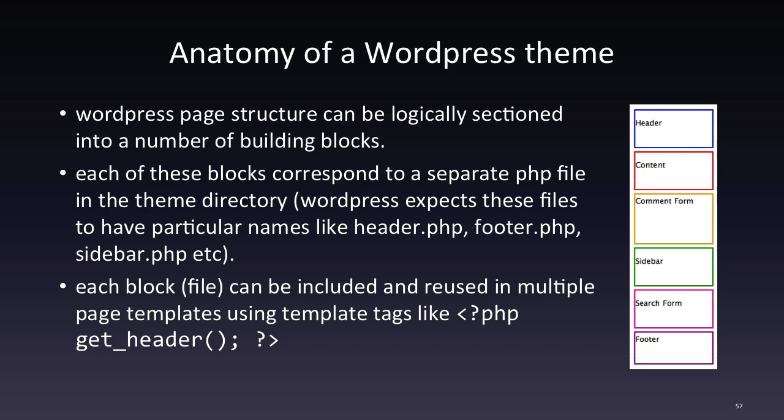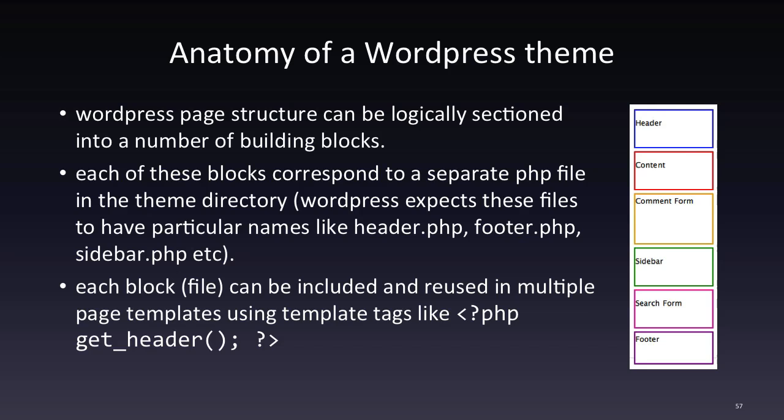Each of these blocks corresponds to a separate PHP file in the theme directory. The only thing that we need to make note of here is that WordPress expects these files to be named a certain way. Unless you name them the exact correct way, it's not going to know to find them.